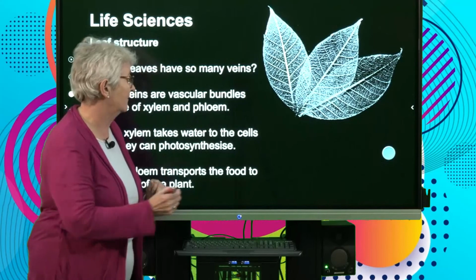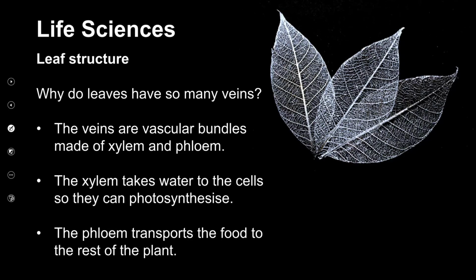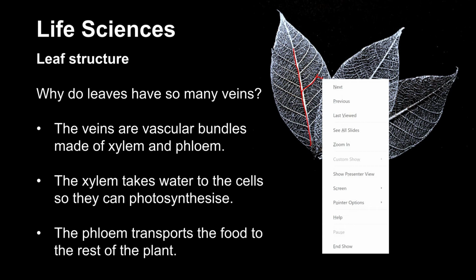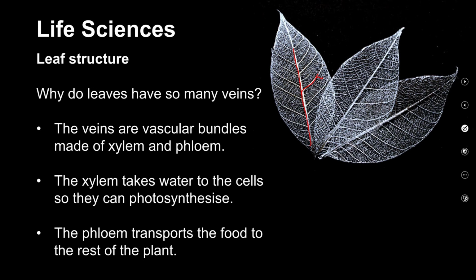In the leaf, leaves have a main vein which has lots of xylem in it. It has side veins branching off, and more side veins branching off those. You can see they're all of a different thickness, and that gives you an idea of how much xylem they actually have in them.